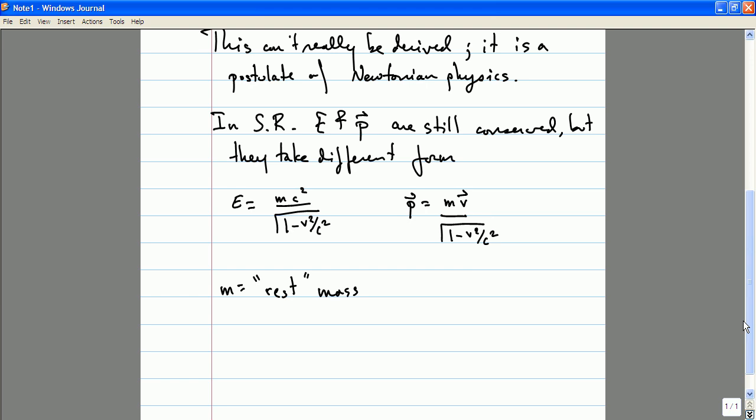Okay. That's an excellent question and an important observation. In Newtonian physics, we denote the kinetic energy of an object as 1/2 mv squared. And here, what I've written down is not just the kinetic energy of the object, but the total energy of the object. Okay?